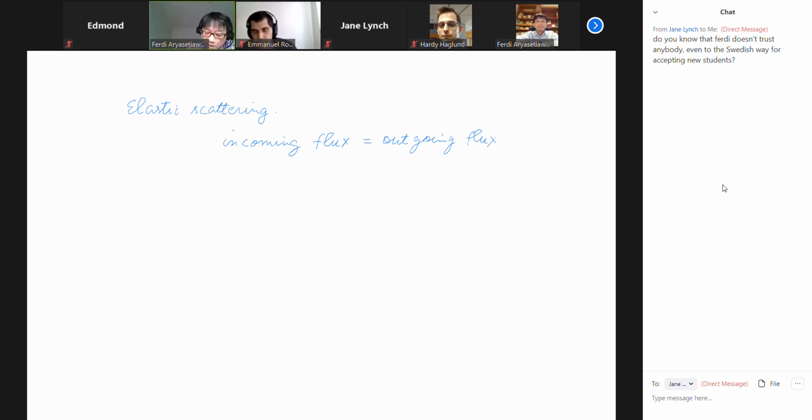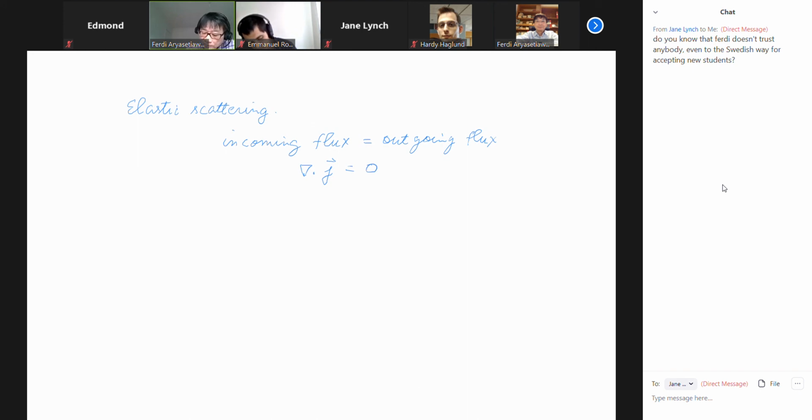So I want to write this in a more precise way. That would mean that the divergence of the current density, here meaning particle density, is equal to 0.